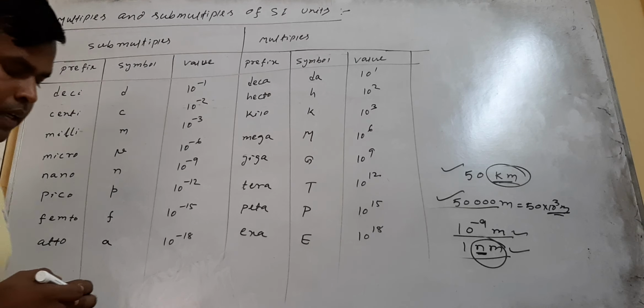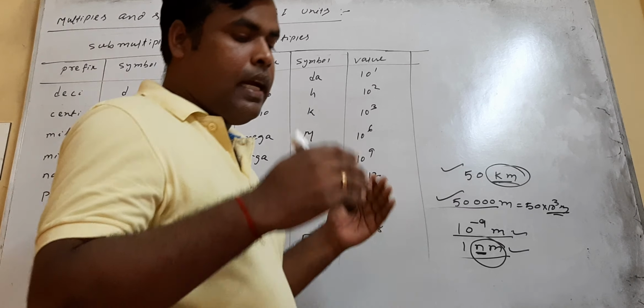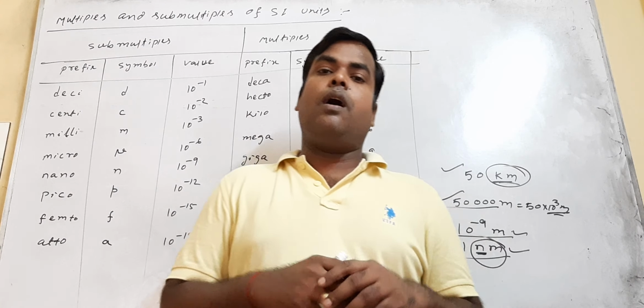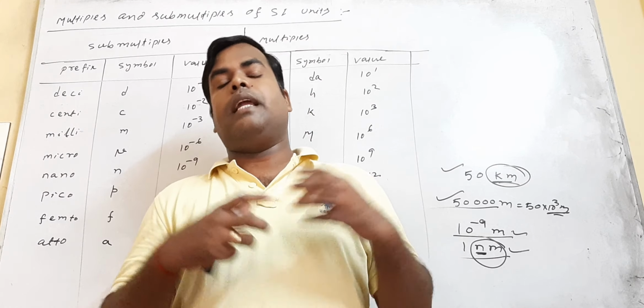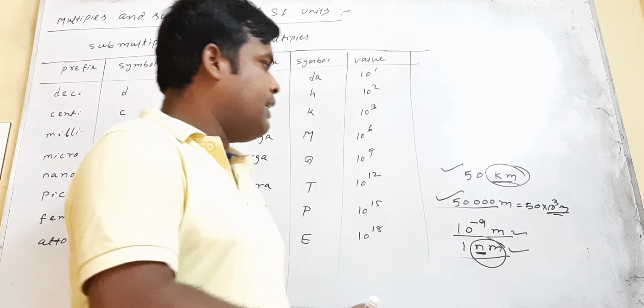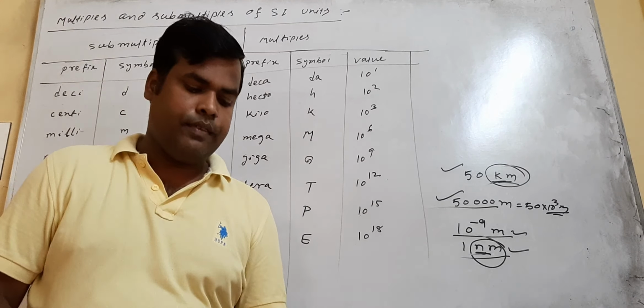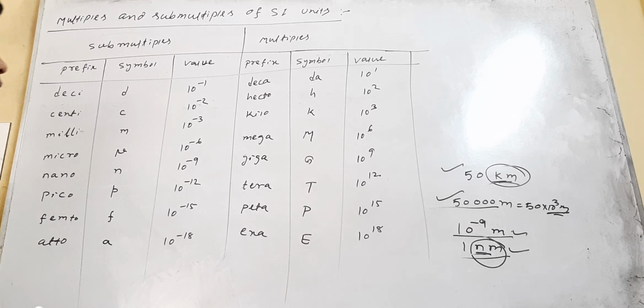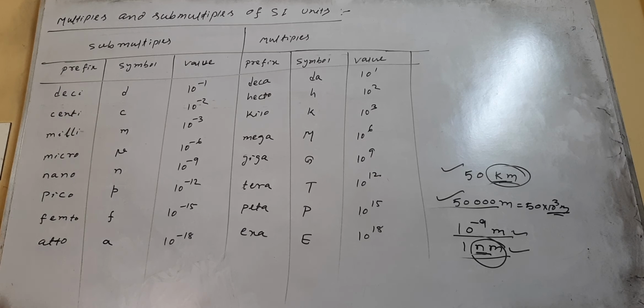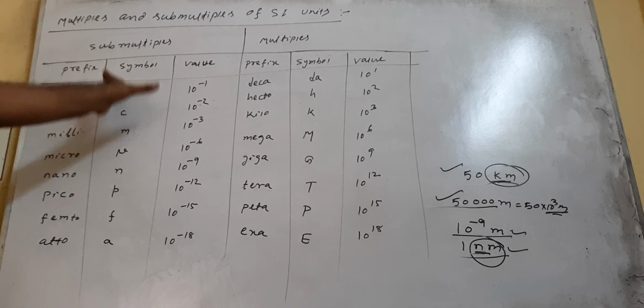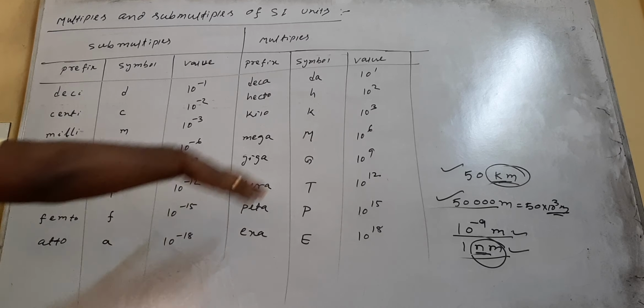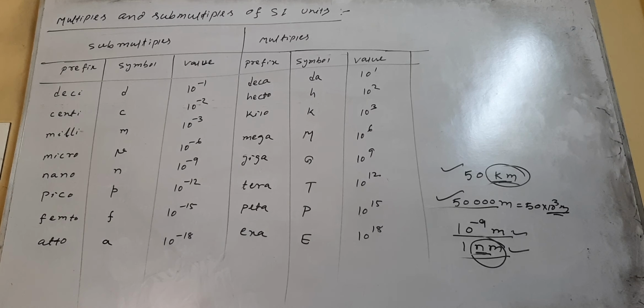That means multiples and submultiples of SI units can be obtained by adding the prefix to the SI units. So here I have listed a number of prefixes. This column is for submultiples and this column is for multiples.